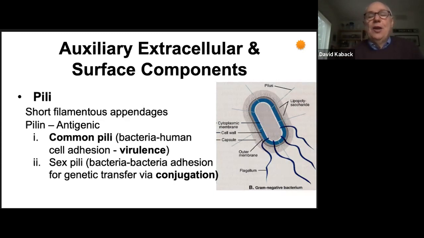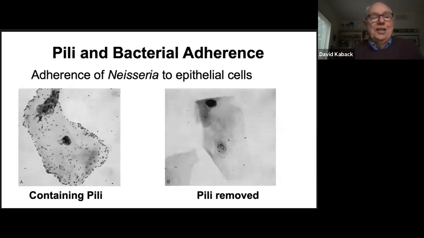All right, that said, pili are important for adhesion. This experiment shows you this, where we took Neisseria and put it in a blender, and that made the pili come off by hydrodynamic shear, which got rid of the pili.